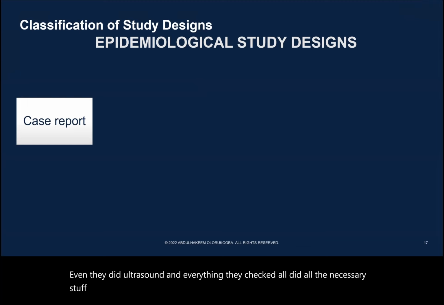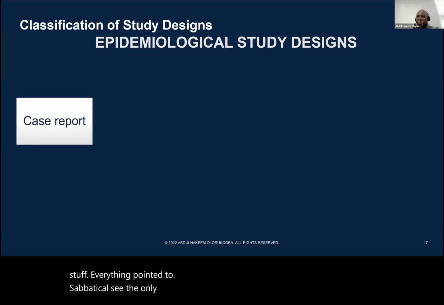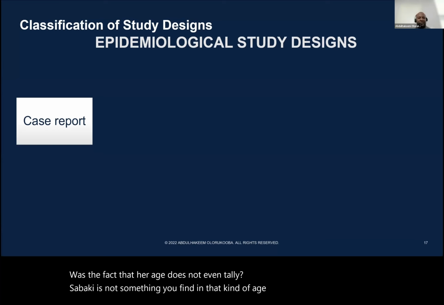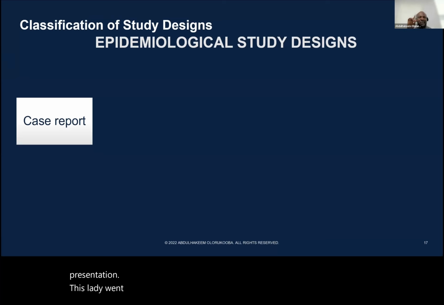Everything pointed to cervical CA. The only thing that was wrong was the fact that her age does not even tally. Cervical CA is not something you find in that kind of age group. Very atypical presentation.